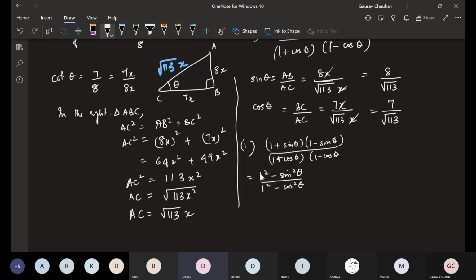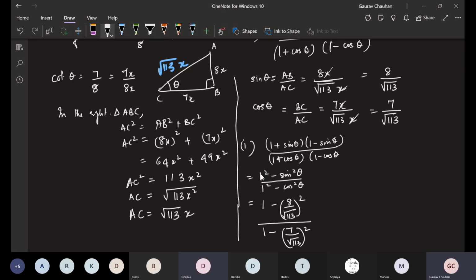So then we'll put the numbers here. 1 square minus 8 by root 113 whole square, divided by 1 minus 7 by root 113 whole square.